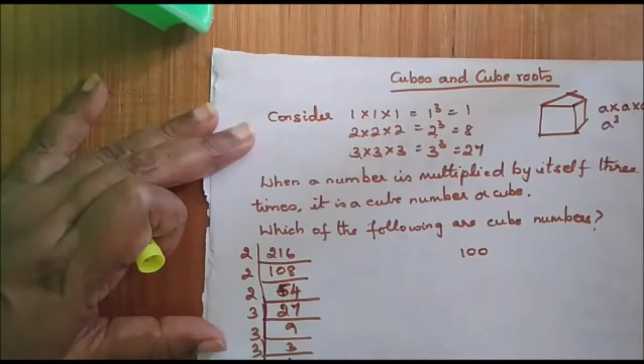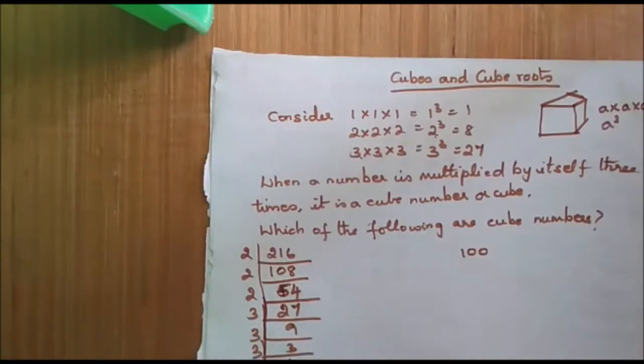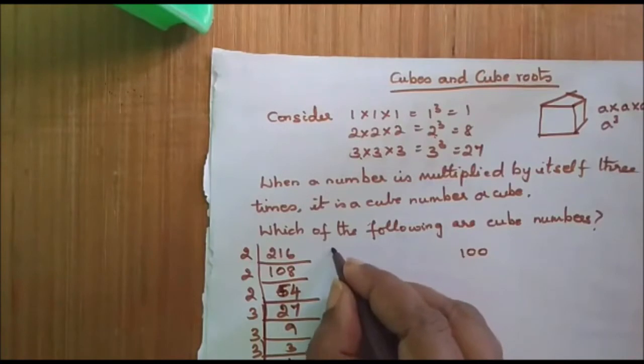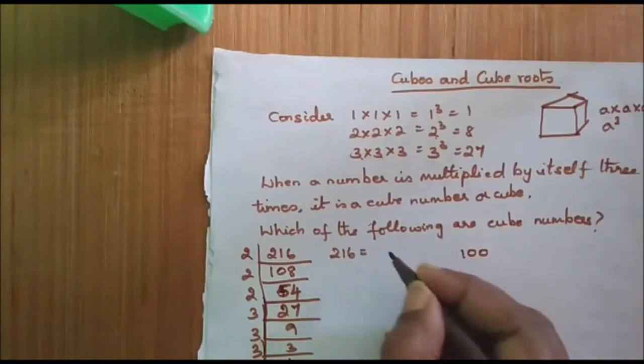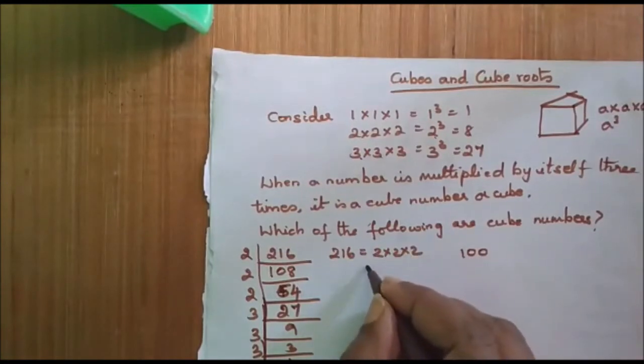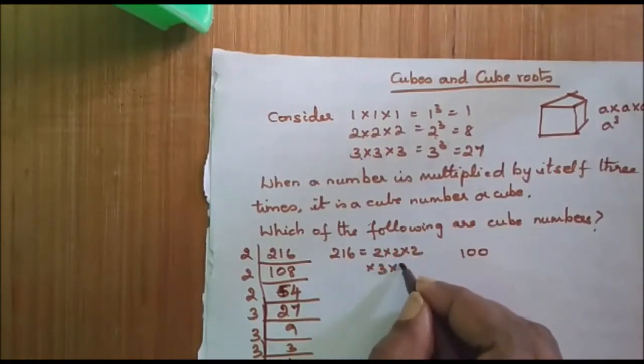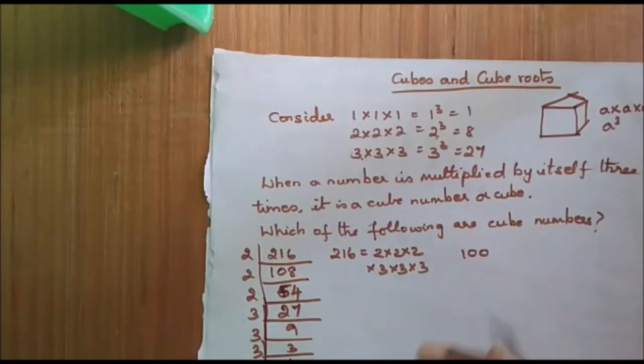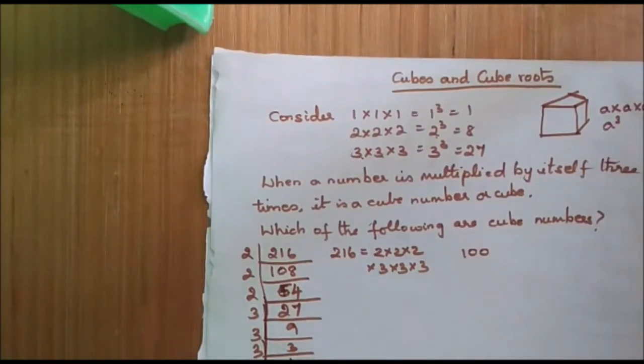So how do we write this now? 216 I can write as 2 into 2 into 2 into 3 into 3 into 3. So we saw that 2 and 3 occur as triplets.